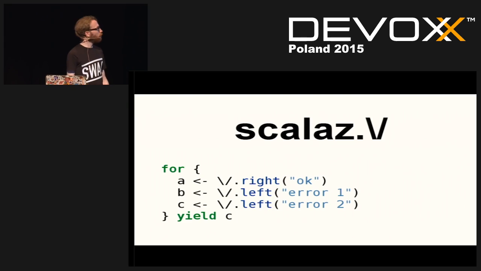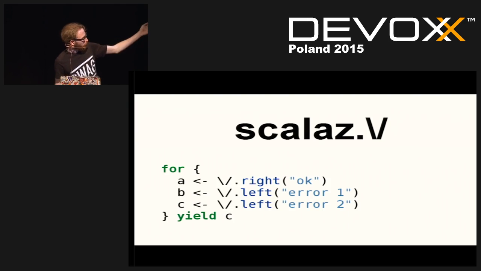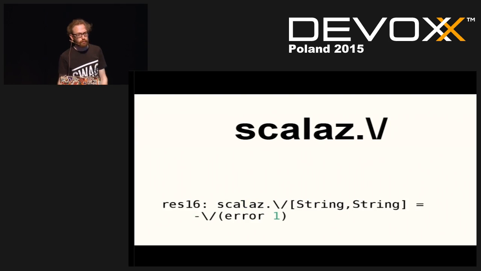So first of all, it's biased, so it will automatically assume you're interested in the right. And the constructor gives you the value typed as disjunction, not Left or Right. So you don't have any inference trouble when using this. So it works the same way. It fails at the first Left. OK?